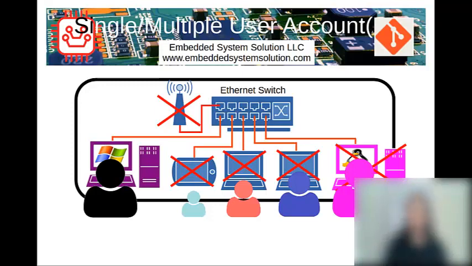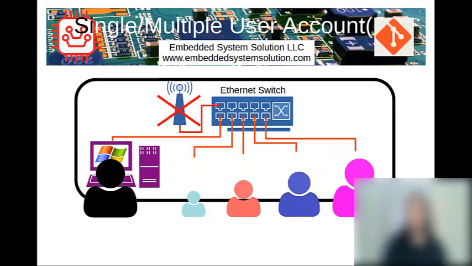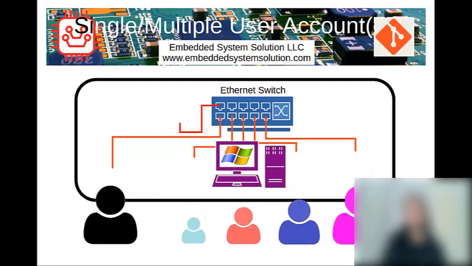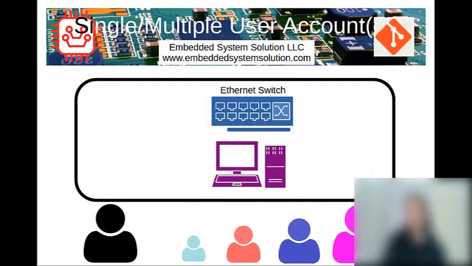But this wasn't always the case, right? There was a point in time where obviously none of these computers existed, and so there was only one computer per family, per household. The main reason is because computers at that time were expensive, right? And so you had multiple people using the same computer.